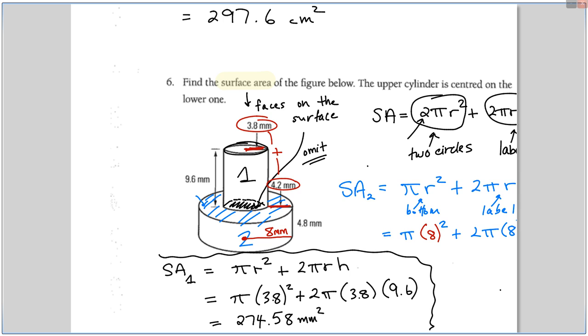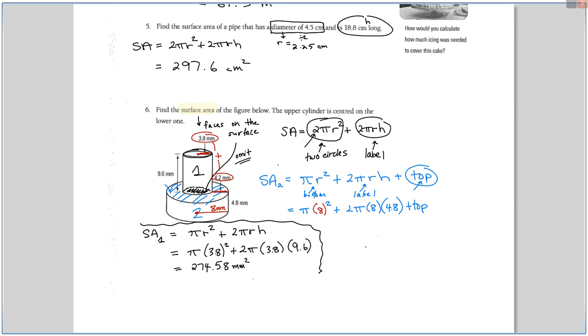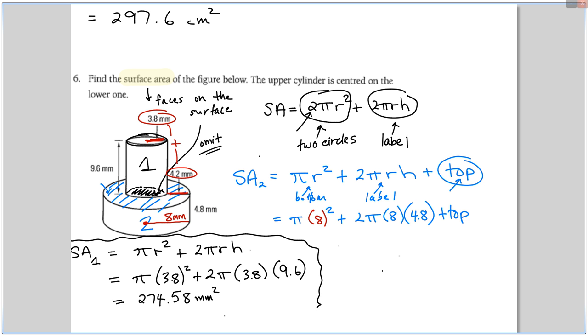All right, so here we go. Typing into my calculator these numbers. I got 442.34 after rounding plus the top.